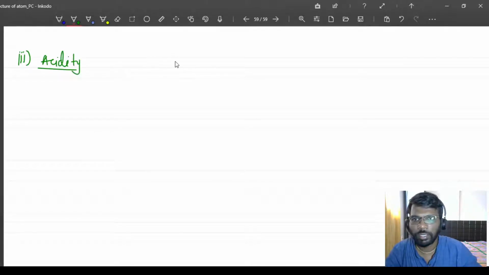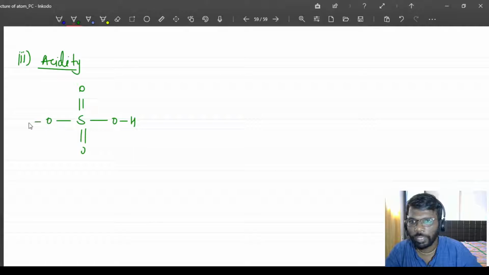If you see the structure, double-bonded oxygens, two oxygens are there. This is the OH and this is the OH. So both the hydrogens which are present are acidic, meaning these hydrogens can be removed and the negative charge will be formed on this oxygen, that will be in resonance with this structure. Means there are two acidic hydrogens.